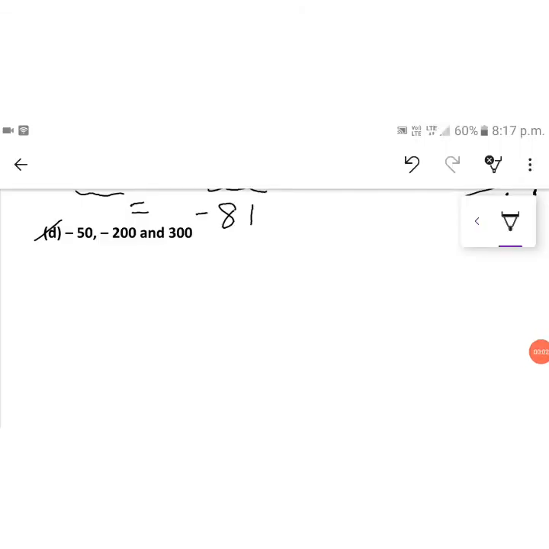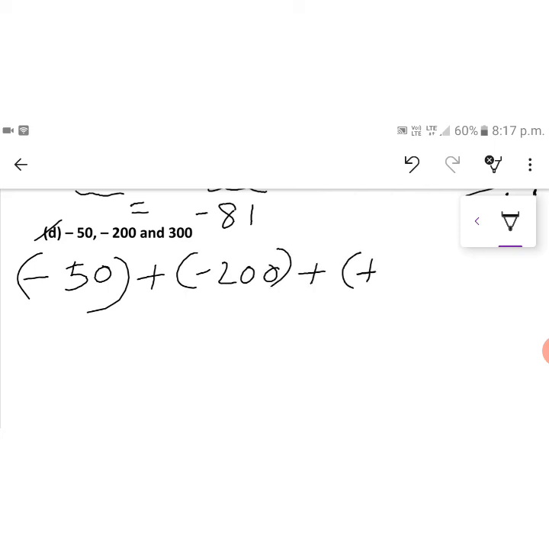D part. Minus 50 plus minus 200 plus 300. Here these two numbers have the same sign. So add these two numbers and give the same sign. 200 plus 50 equal to 250 and give the same sign, minus.